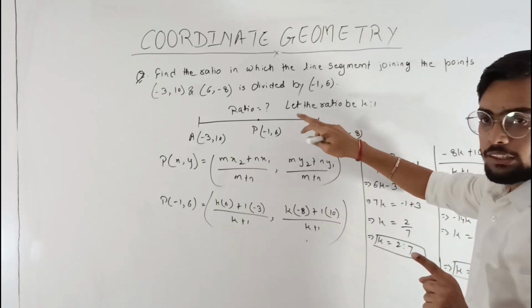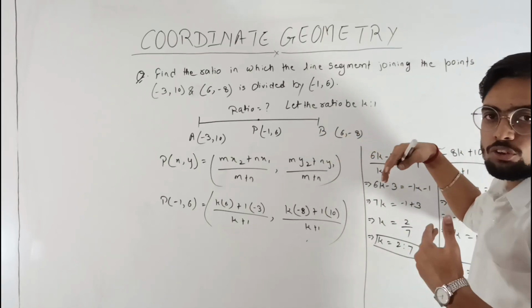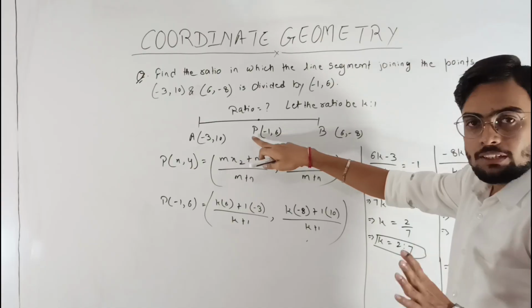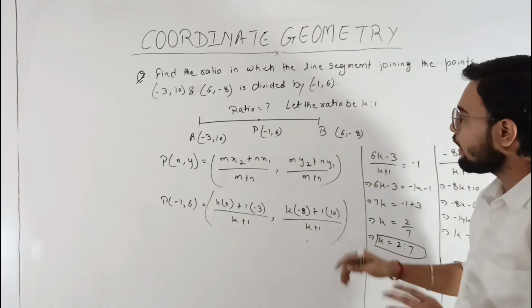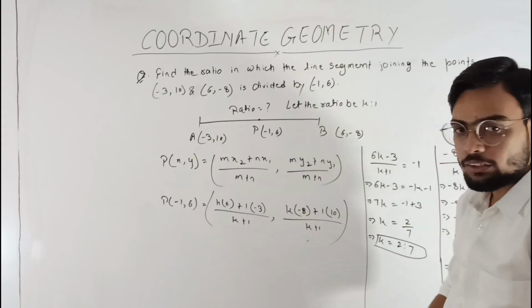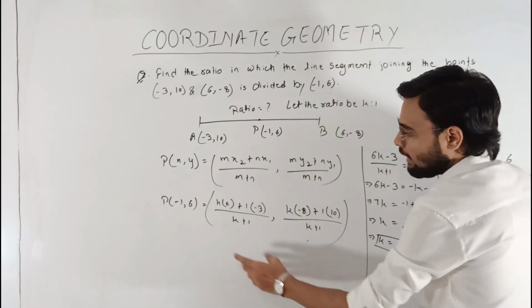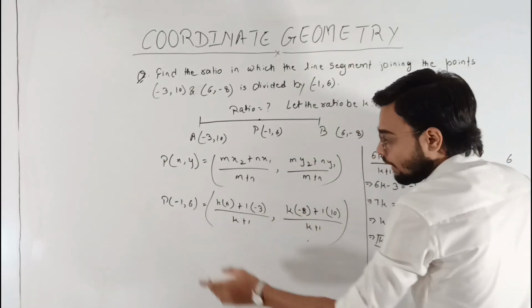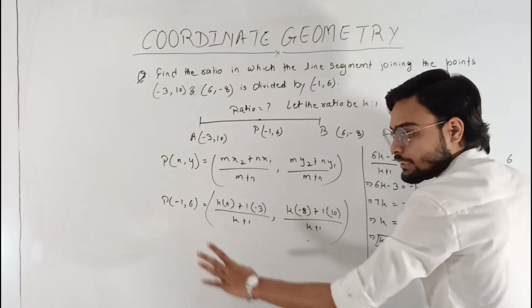Now I assume the ratio is k is to 1, that P divides this line in k is to 1. Then I put the values, so in place of m I put k and in place of n I put 1. From this I get the x coordinate equal to minus 1 and the y coordinate equal to 6.